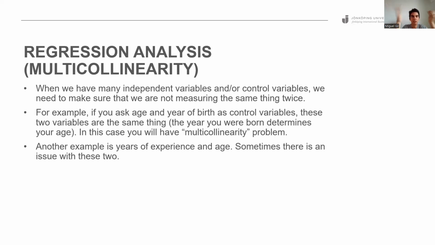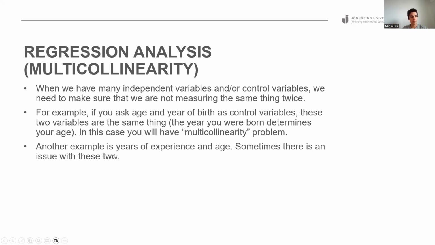So it's basically the same thing. And if you ask another person, maybe the other person was born in 99 and that person is 23, 24. So it's the same thing, year of birth and age. So if you ask that, that's a problem, because the model is going to be a big mess.